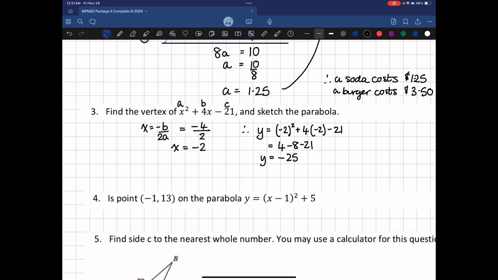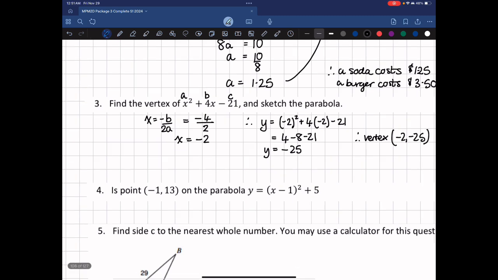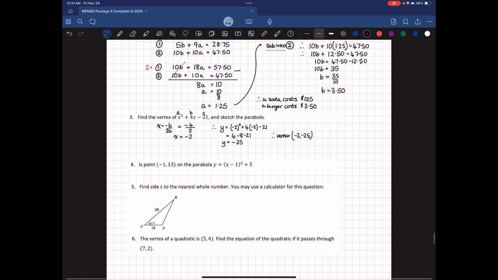Okay, and so the vertex is negative 2, comma negative 25, and we want a little sketch of the graph. Okay, what's that going to look like? So let's do a little sketch. It can just be a sketch.